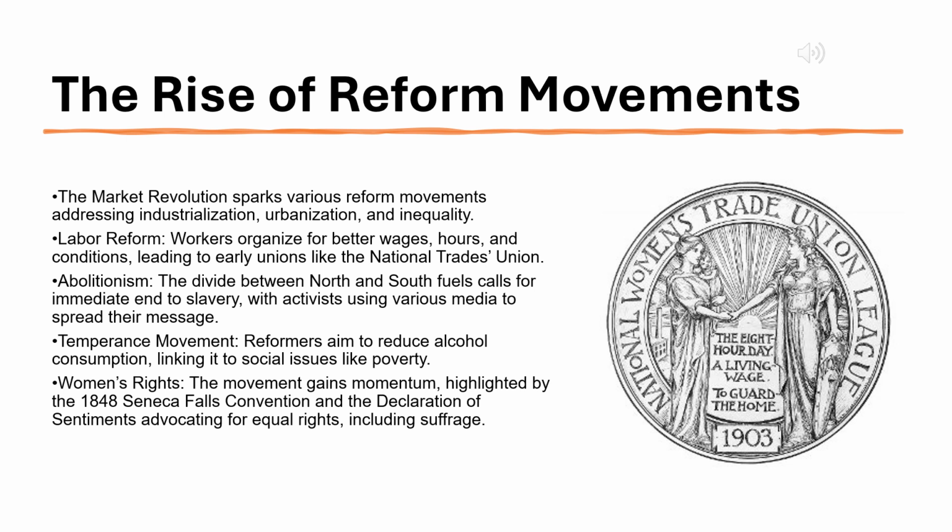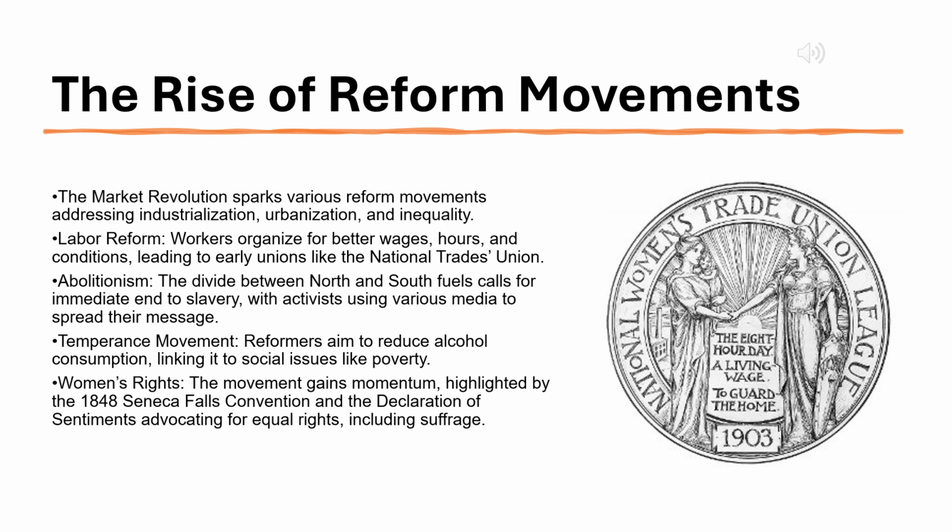Abolitionists, both black and white, used pamphlets, newspapers, public lectures, and petitions to spread their message and pressure Congress to take action against slavery. As industrialization brought new social challenges, such as alcohol abuse and poverty, reformers launched the temperance movement, which sought to reduce or eliminate the consumption of alcohol.